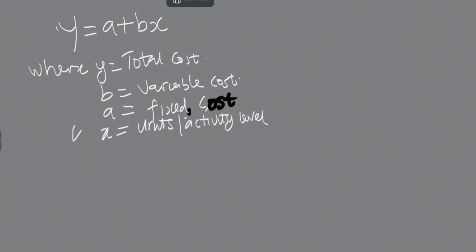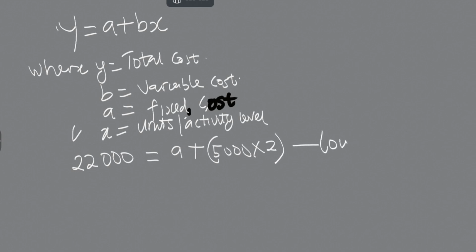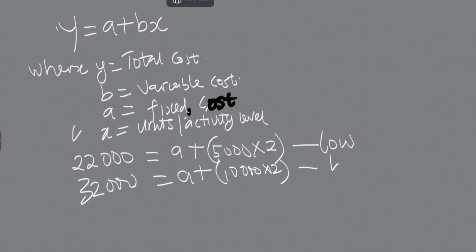So we have 22,000 equals a plus 5,000 times 2, which is your variable cost, and this is at the low activity level. And we have 32,000 equals a plus 10,000 times 2, which is your high activity level.